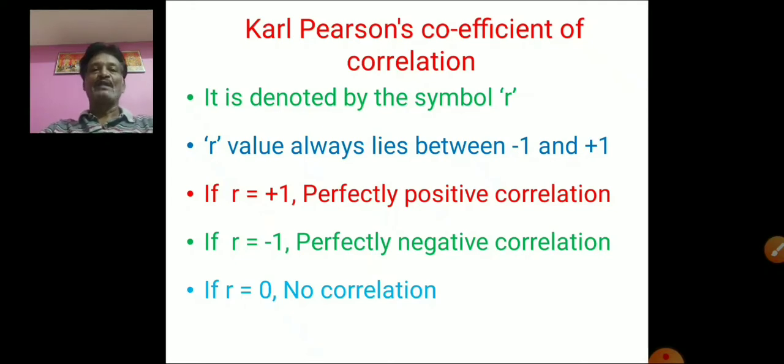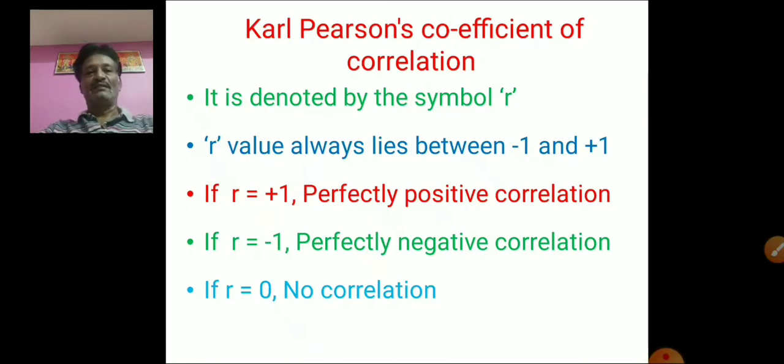Okay. How can you interpret the value? Suppose the r value is plus 1, it means perfectly positive correlation. The given values have perfectly positive correlation. Suppose the r value is minus 1, it explains perfectly negative correlation between the variables.